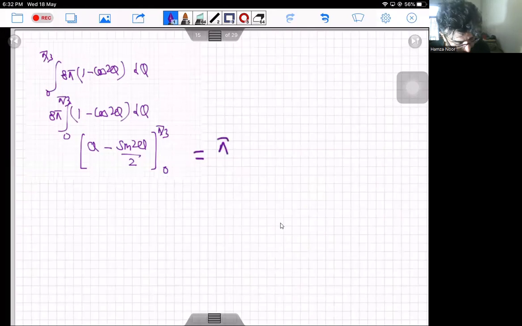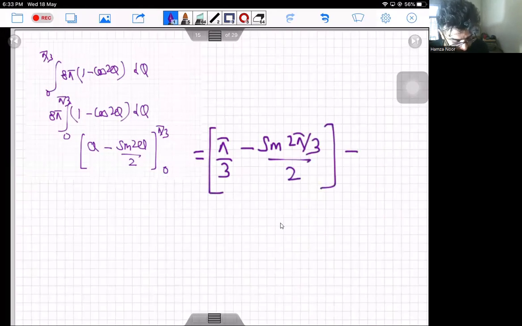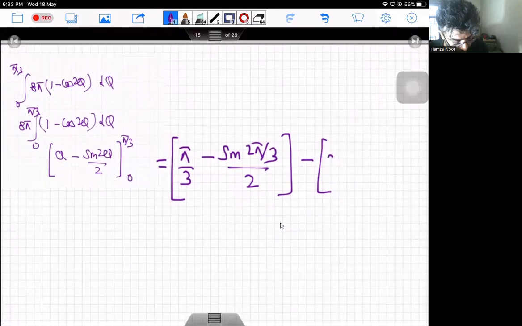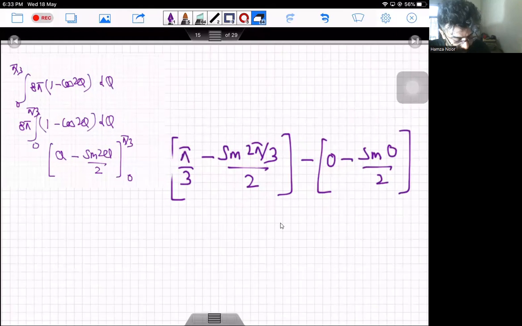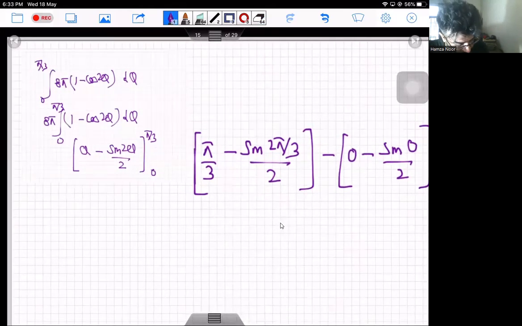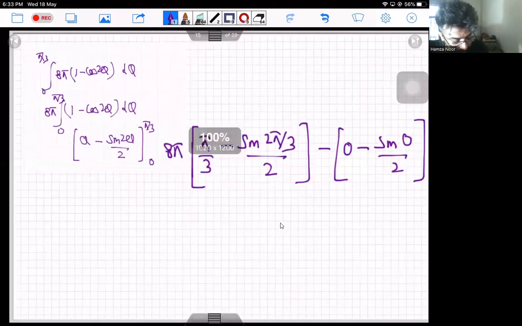So pi over 3 minus sine 2 pi over 3 over 2, then minus 0 minus sine 0 over 2. Here you go. And then don't forget to multiply it with 8 pi, because we are dealing with the volume. So 8 pi will also be multiplied in the end.